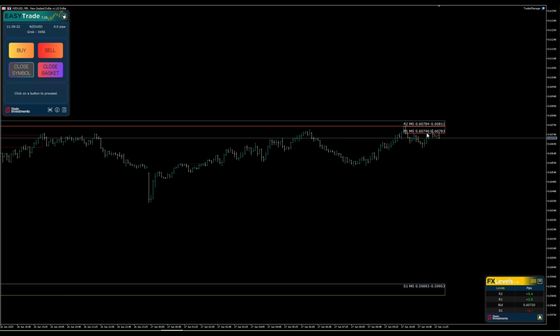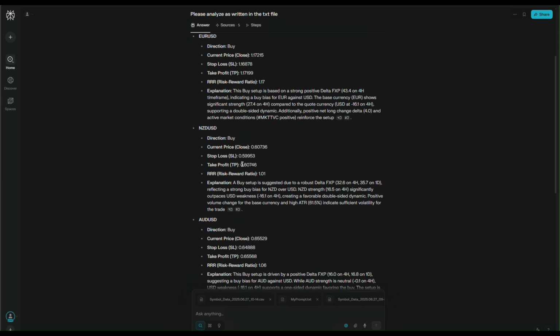Okay, this is this one, but I really don't understand how it came to the conclusion that this is a reasonable risk and reward ratio, because the current price is so close to the take profit that it makes no sense at all.